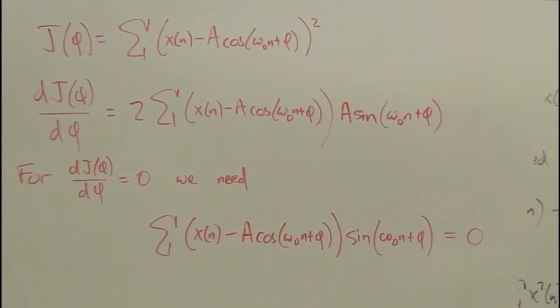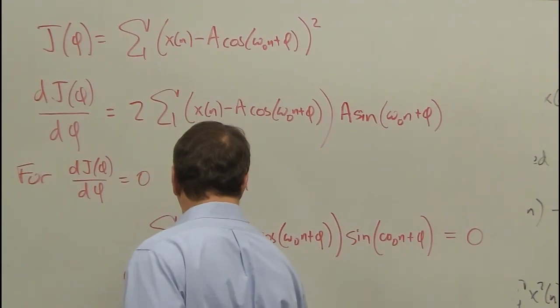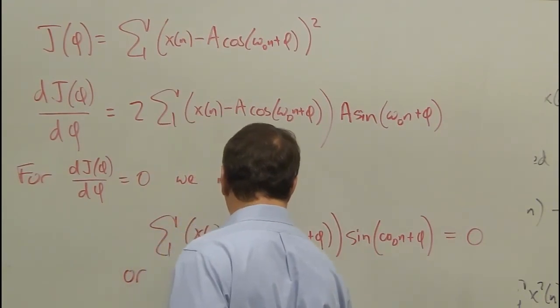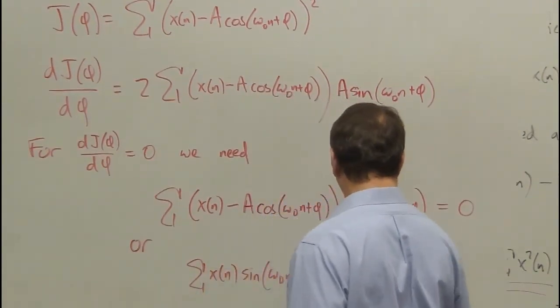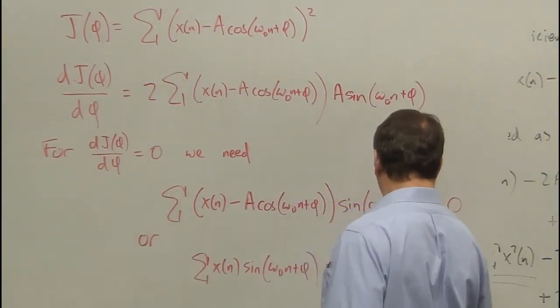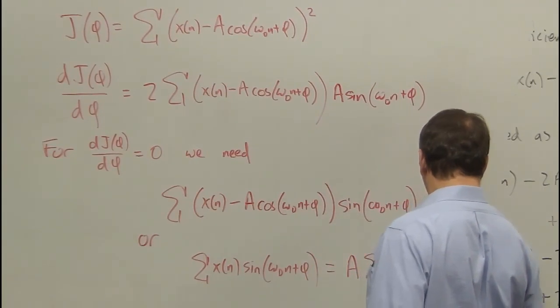Or what we want is the sum of x of n times the sine to be equal to a times the sum of the cosine times the sine.